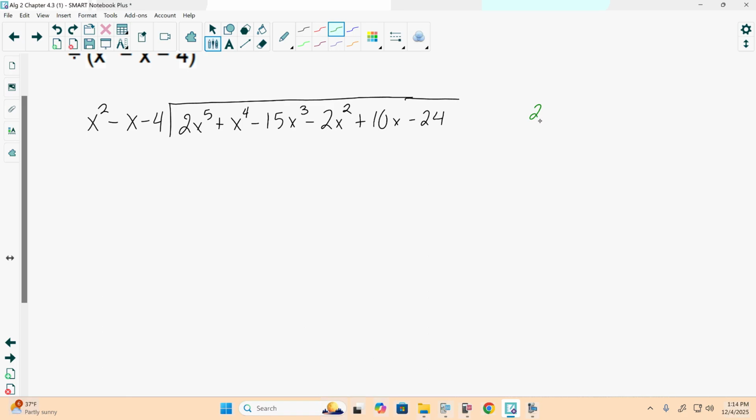We're going to start off by taking our 2x to the fifth and dividing it by x squared. Well, the 2 will still be there. x to the fifth divided by x squared is going to be x to the third.